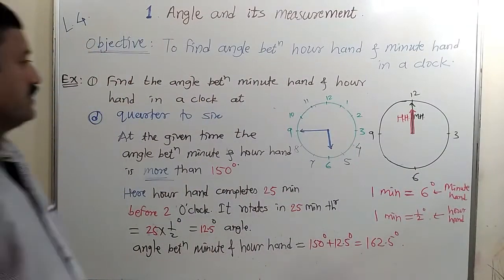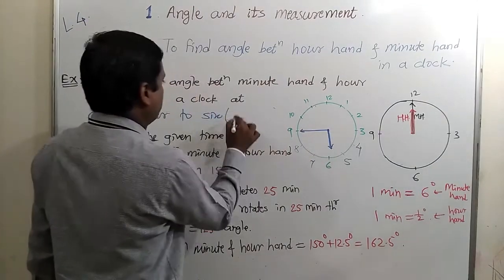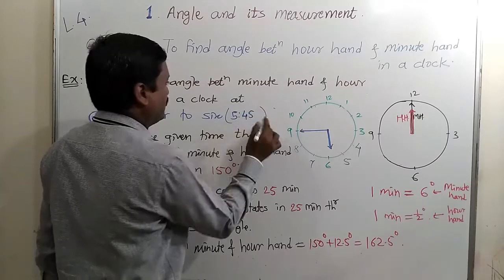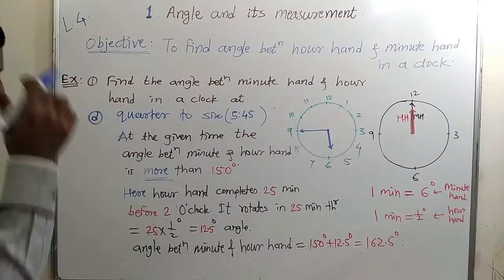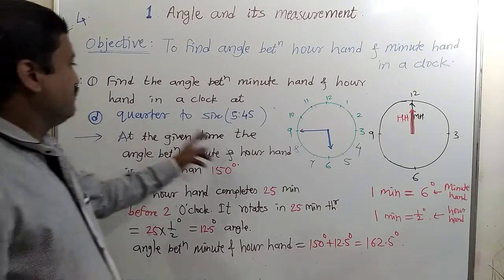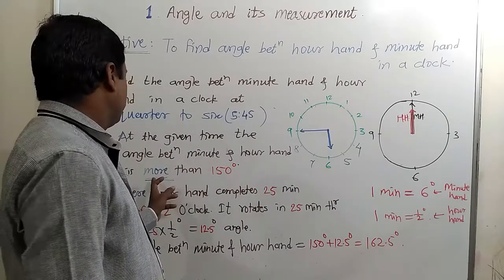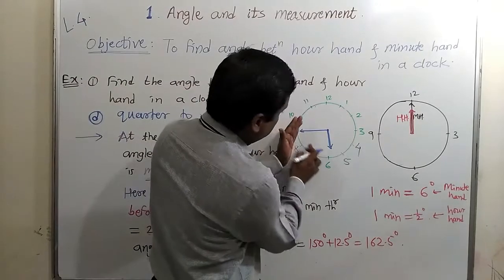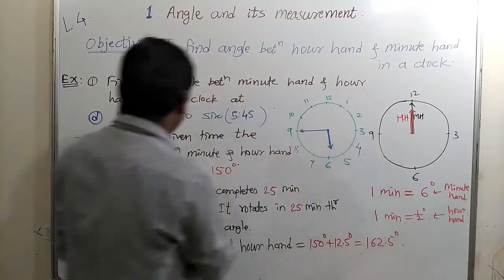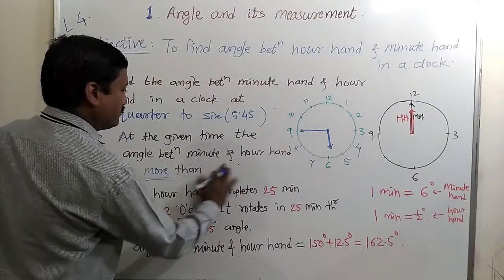So this time is nothing but 5:45, either AM or PM. So at this given time, the angle between minute and hour hand will obviously be more than 90. 30 plus 30 plus 30, so 90. It is more than 90 degree.